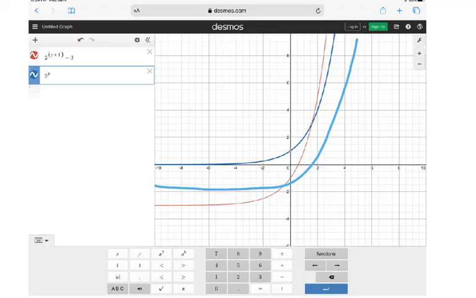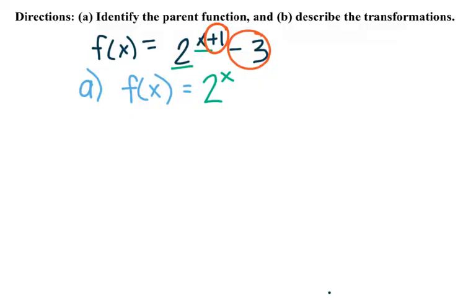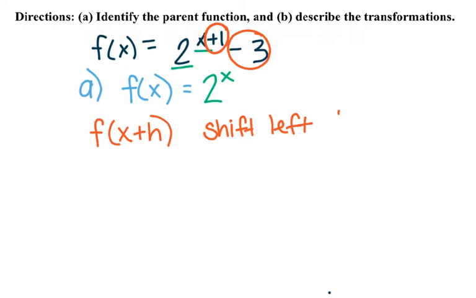So let's get back to that original equation, and you can look back at that rule. Okay, so when anything has been added or subtracted to the x, it's going to move it to the left or right. So because you have a +1, this is the one that looks like this. Because something has been added to the x, that means it's going to shift left, and it's going to shift left 1 unit.